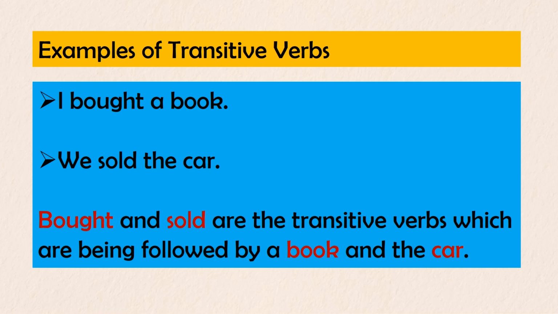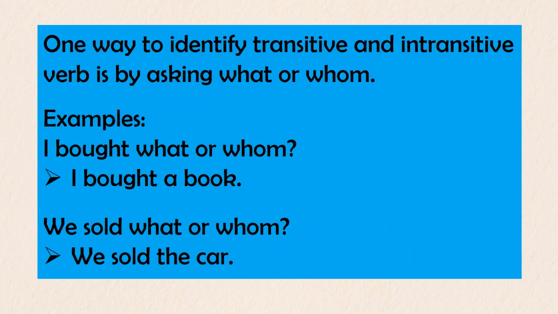We sold the car. Bought and sold are the transitive verbs, which are being followed directly by a book and the car. One way to identify transitive and intransitive verbs is by asking what or whom.